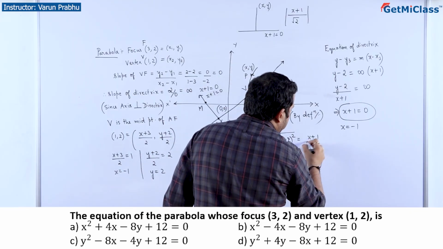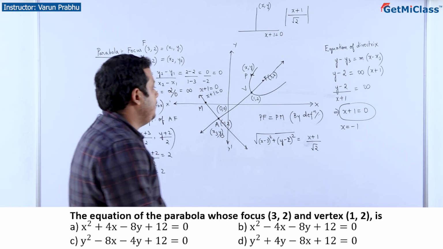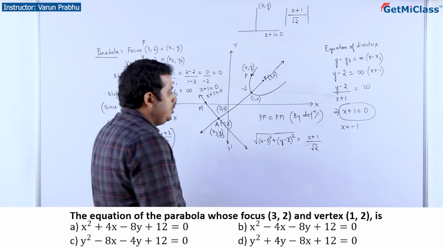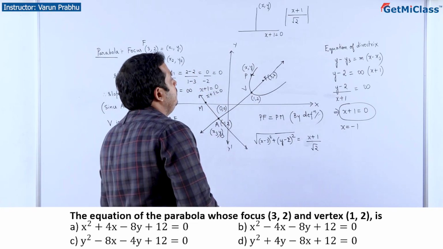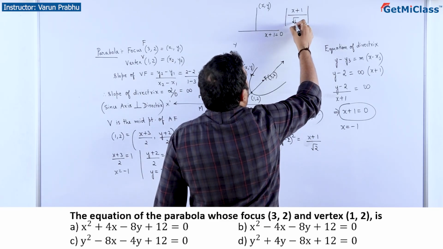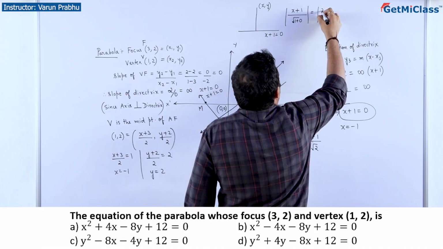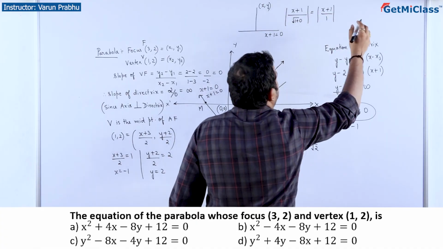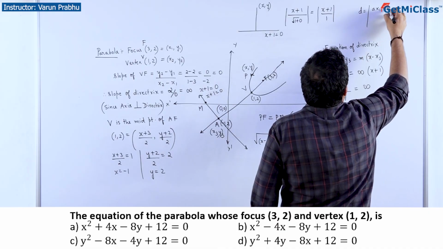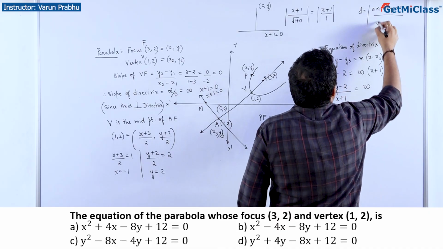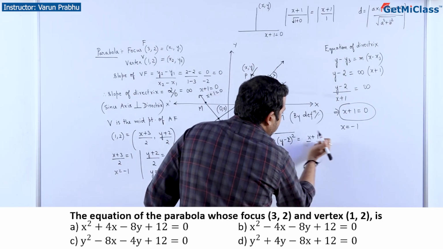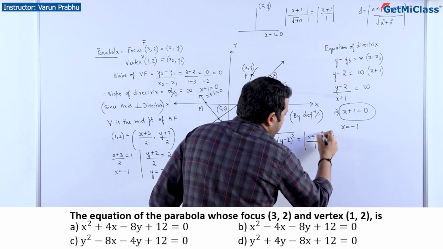Actually, we write this as x plus 1 divided by root 1, not root 2, root of 1 plus 0. So this is nothing but mod of x plus 1 divided by 1. How? The distance of a point from the line ax plus by plus c is ax1 plus by1 plus c divided by root of a square plus b square, which we know. So this is the formula, and this is nothing but the modulus of x plus 1 divided by 1.